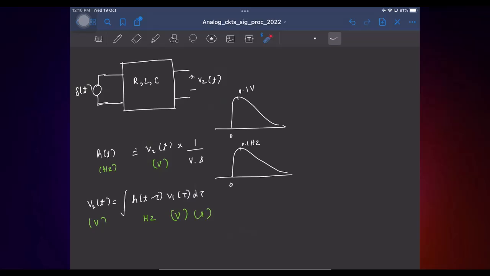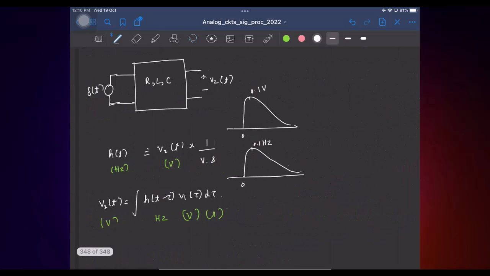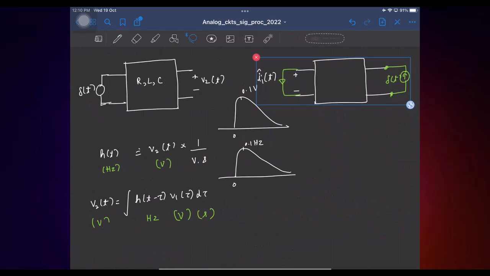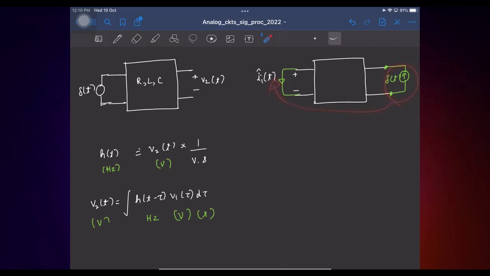Fine? Again, similarly, when we say we are measuring the impulse response, when I apply an input current and measure the output current, so from I1 hat of t, what should I do to get the impulse response? 1 by ampere second.